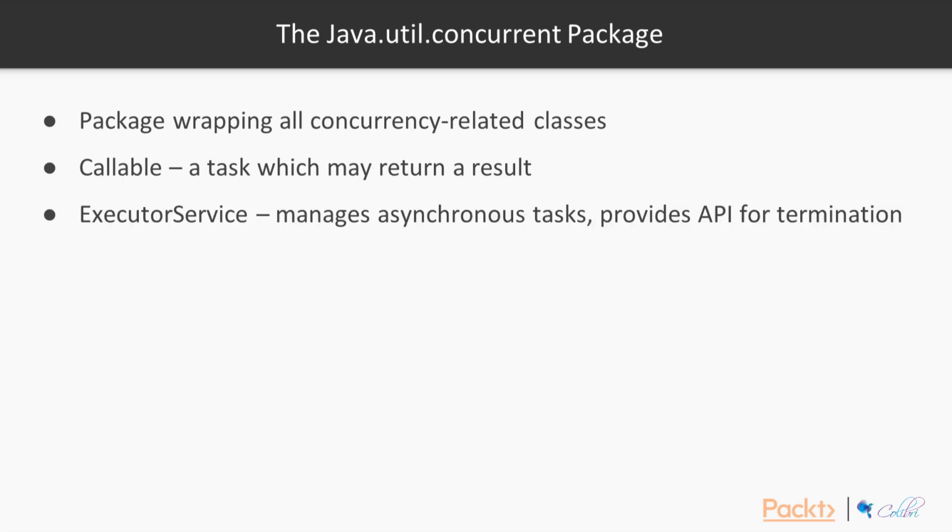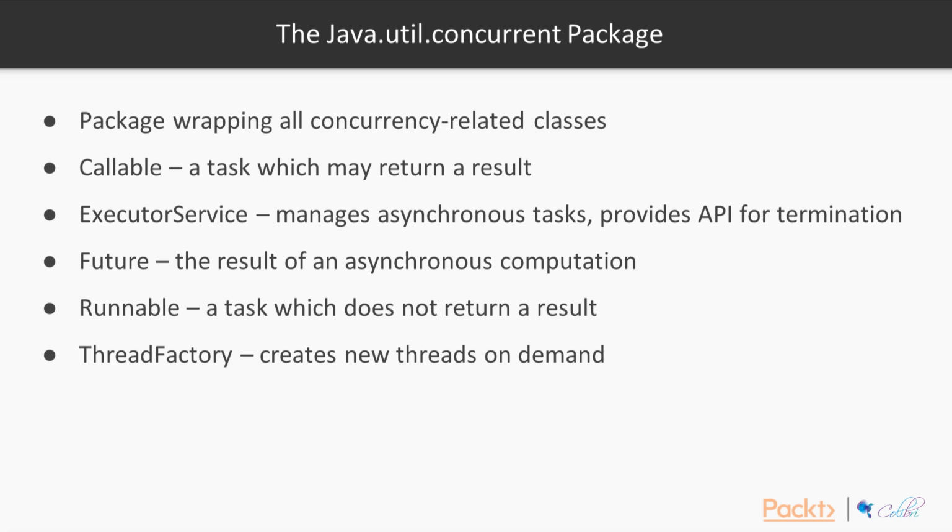The Executor service is a class which exposes functionality around scheduling, managing, and terminating asynchronous tasks. The Future object is the result of an asynchronous operation. For example, you will get a Future object after submitting a new task to the Executor service. Another useful class, ThreadFactory, is one way of creating threads on demand.